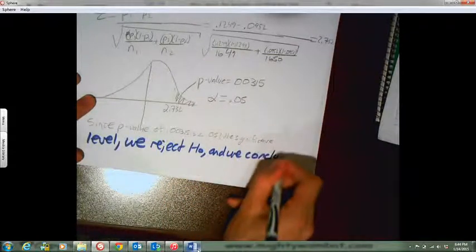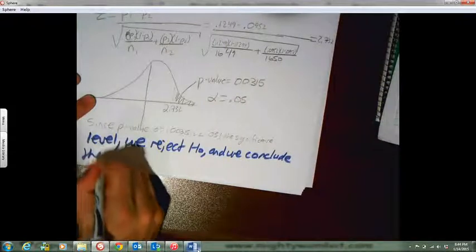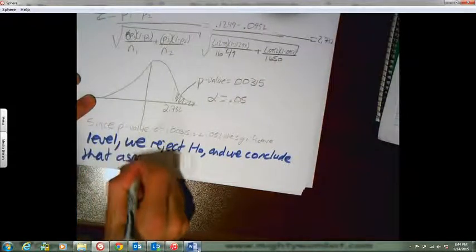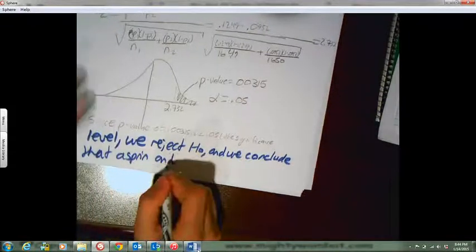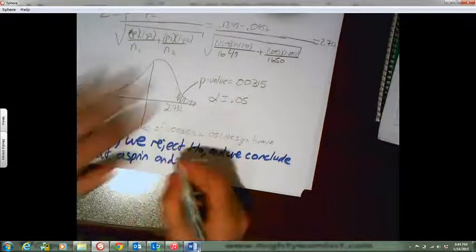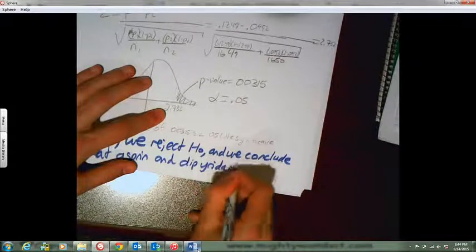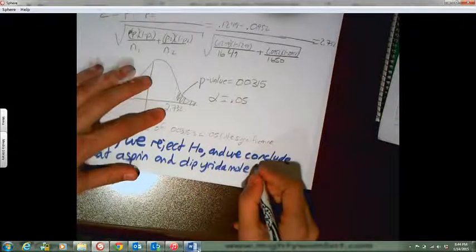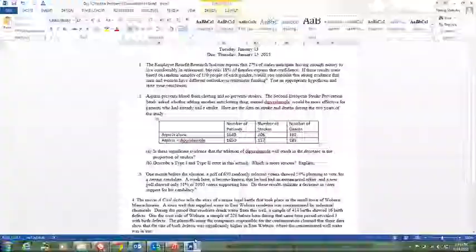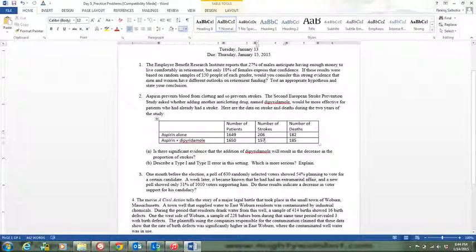that aspirin and dipyridamole, let's go back to see what the question asks. That usually tells you what to write in the sentence. That there is significant evidence, or that you conclude that aspirin and dipyridamole will result in the decrease in the proportion of strokes.